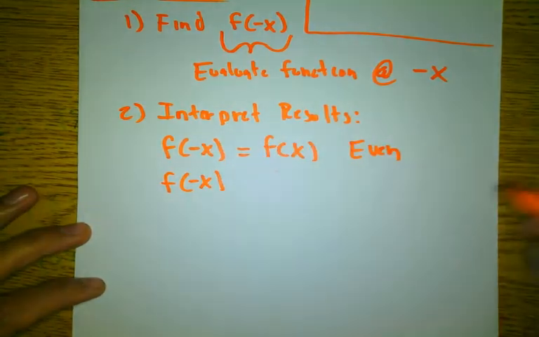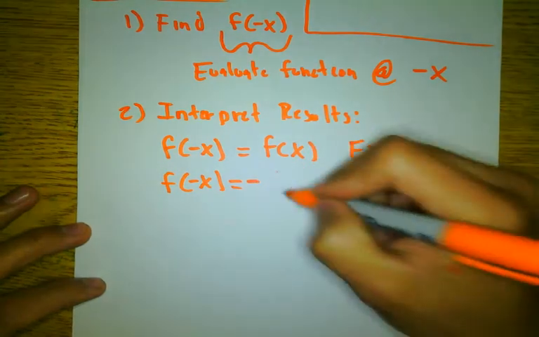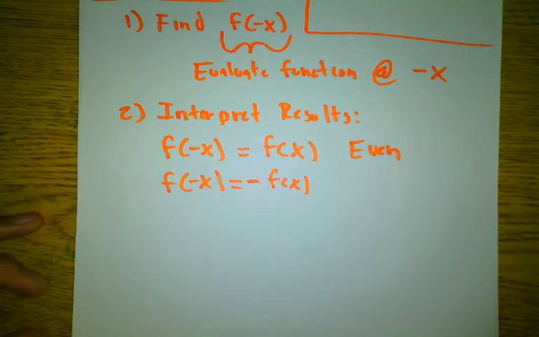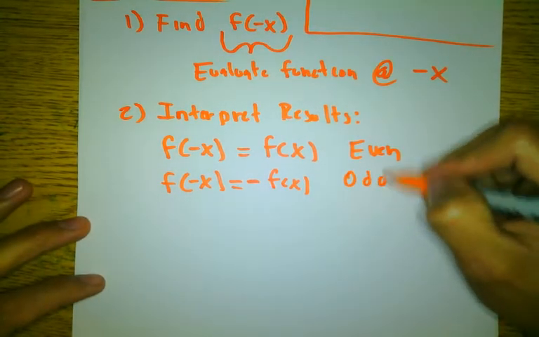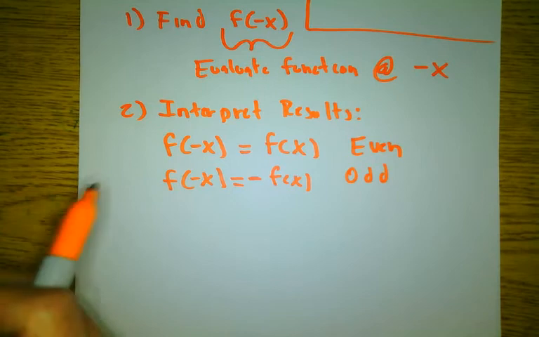If you put in negative x and you get the negative of the original function. So in other words, if all the signs that were there originally switch, then you have something known as an odd function. If you don't get one of these results, then it's neither. Does that make sense? Okay. Questions so far?